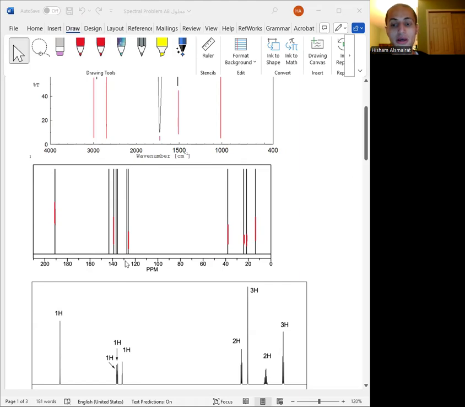128 is aromatic CH type 6, which is typical for protonated aromatic carbons. And over here, we have 38 ppm. It's CH2 type 4, and 24 ppm over here.